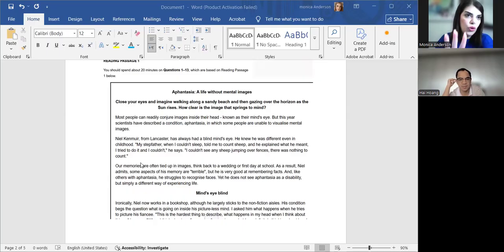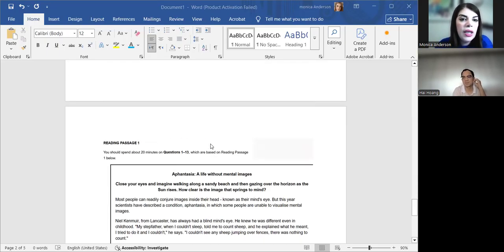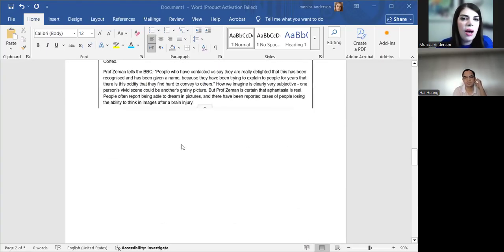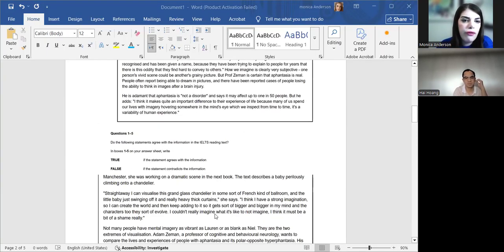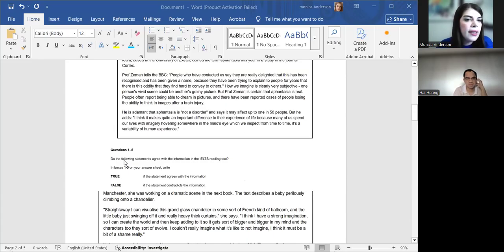And of course, it's your choice. Some students prefer reading the questions first and then moving to the text. Others prefer the text first, then the questions. So it's your choice. For example, look at this: questions number 1 to 5 here. As you can see, do the following statements agree with the information in the IELTS reading text?